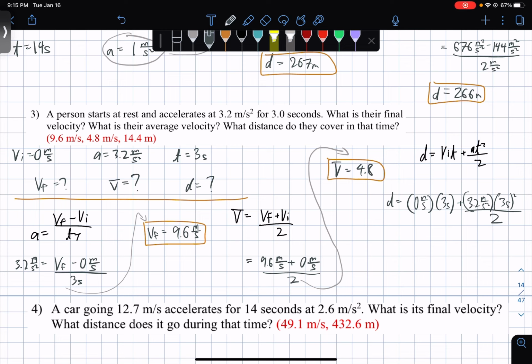Wait. Sorry. 28.8. Kind of far from my estimate, but anyways, 28.8 divided by 2 is 14.4. So the distance is 14.4 meters.